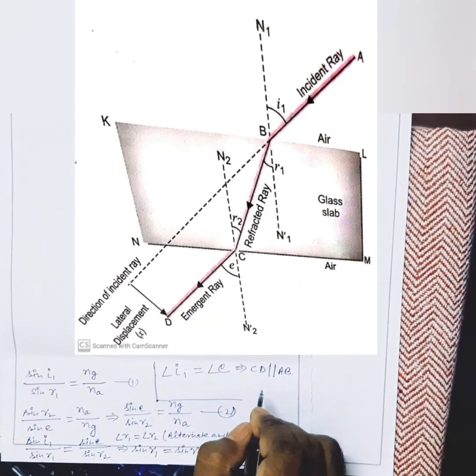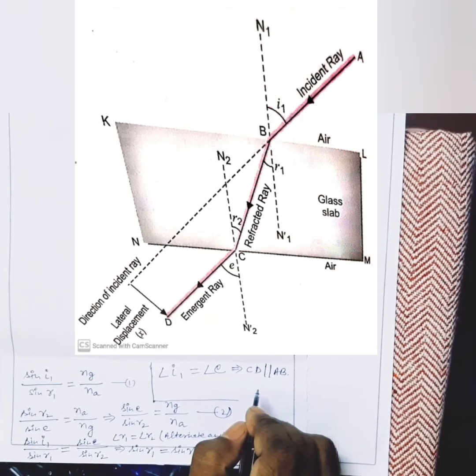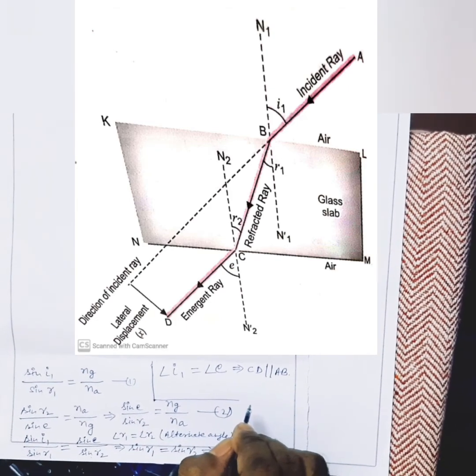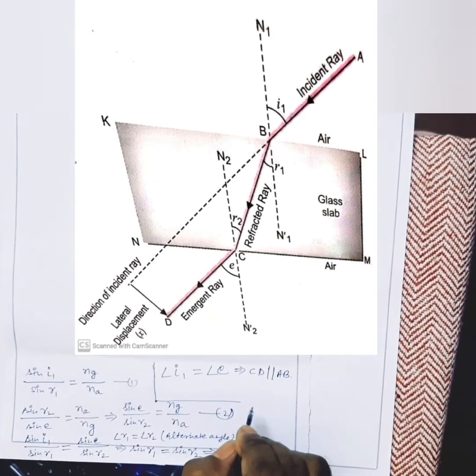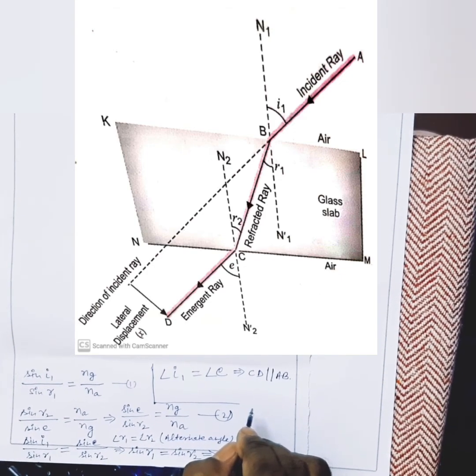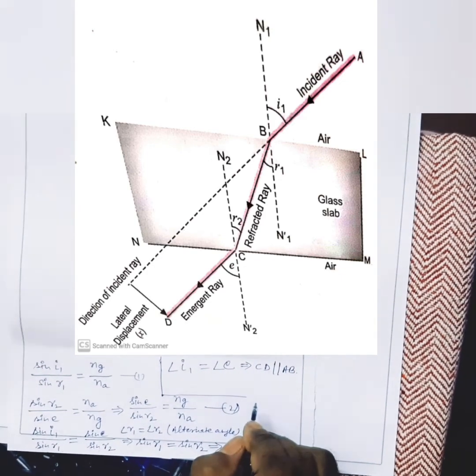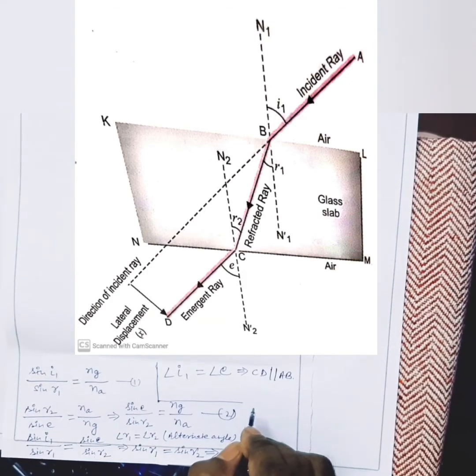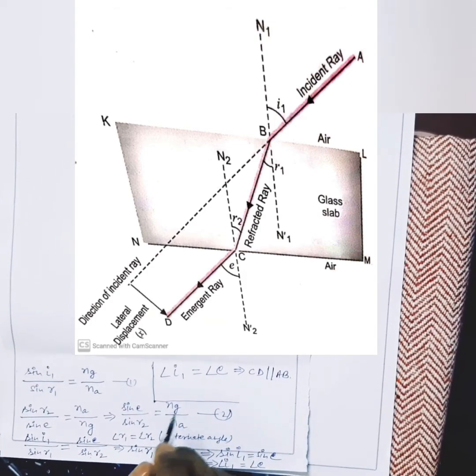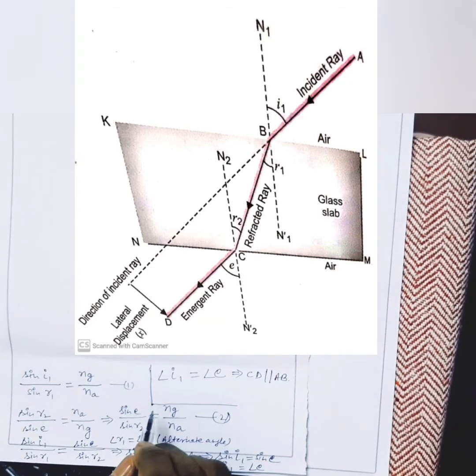That is why the light emerges from a rectangular glass slab in a direction parallel to that in which it enters the glass slab. This is the final conclusion.